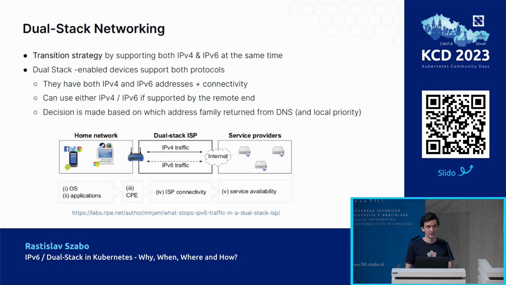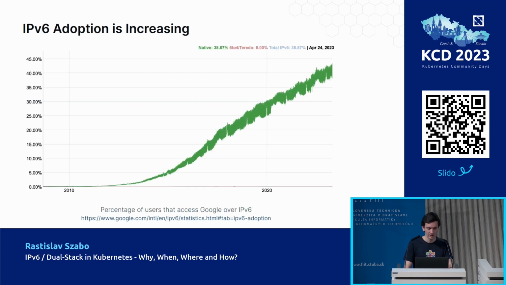Then, of course, the ISP, the internet service provider that we use, needs to support both IPv4 and IPv6. And the CPE device, the device that the internet provider gave us to interconnect the ISP network with the home network, needs to support it as well. And the home part of that configuration needs to be DualStack enabled as well. So all of this needs to work in order to have DualStack connectivity end-to-end.